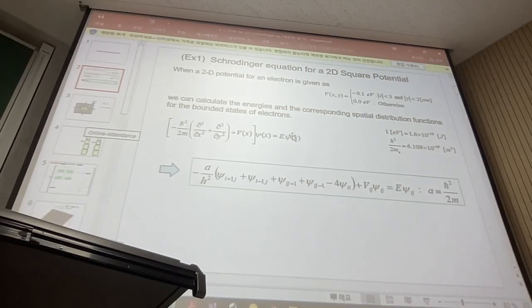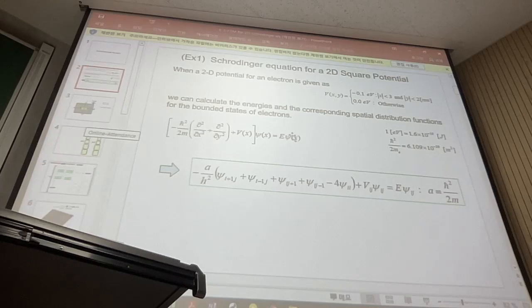Schrödinger equation is itself del square plus V of x and y, acting on psi of x and y.